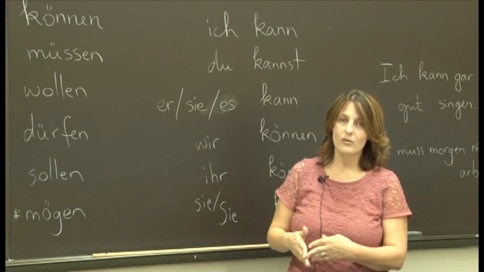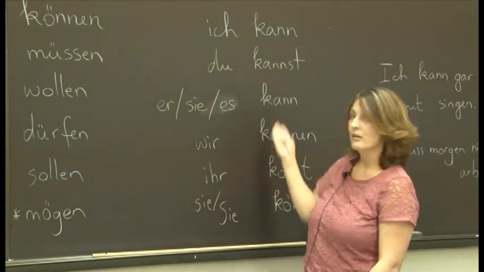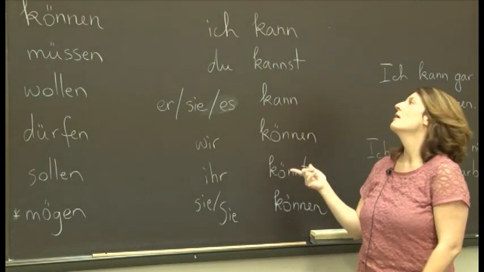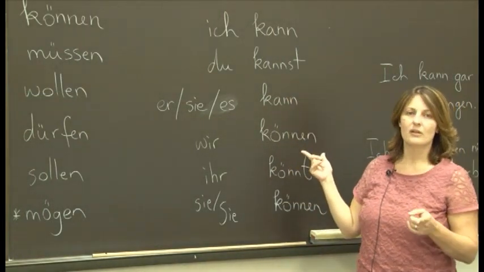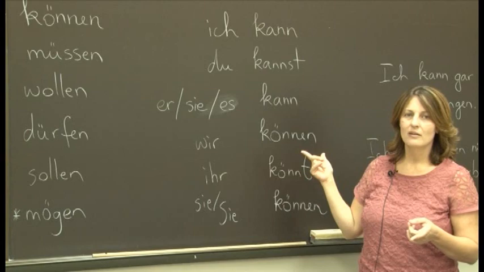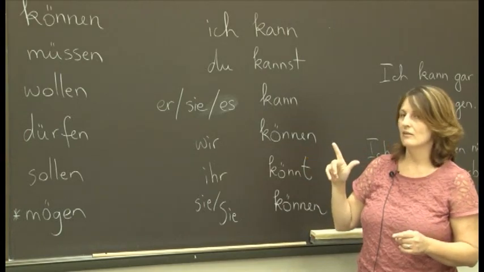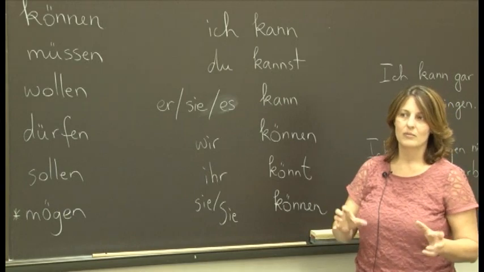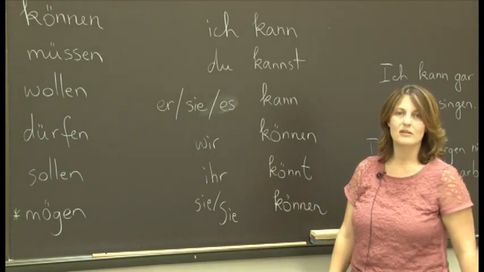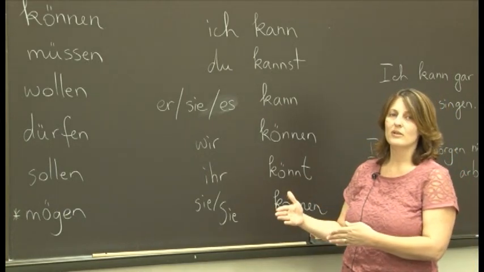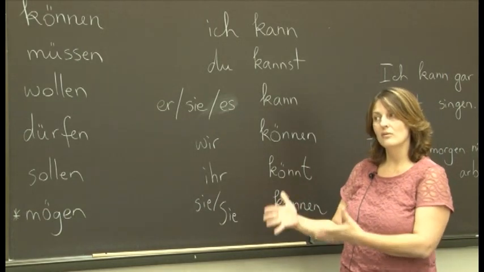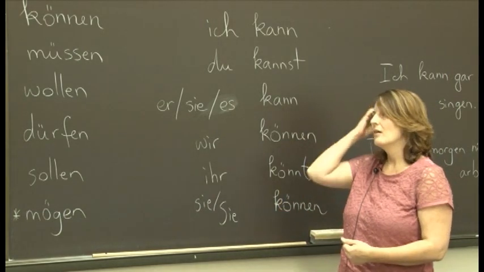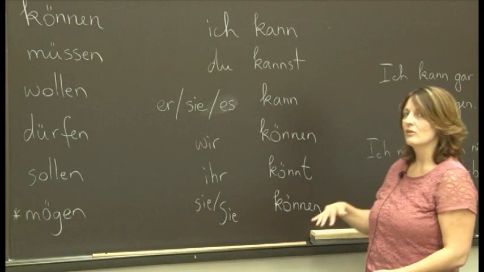The conjugated verb, the one that changes, goes, where does it go? Do you remember? It goes second, verb second, okay? The conjugated verb goes second, depending on what you start your sentence with. The other one that's not conjugated, that's always the same, the infinitive in this case goes last.